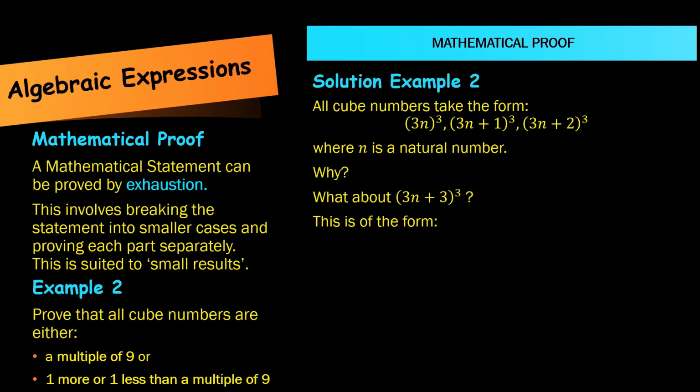(3n plus 3) cubed can be rewritten as (3 times (n plus 1)) cubed. But notice that this is the same as saying (3m) cubed, where m is equal to another natural number, n plus 1.